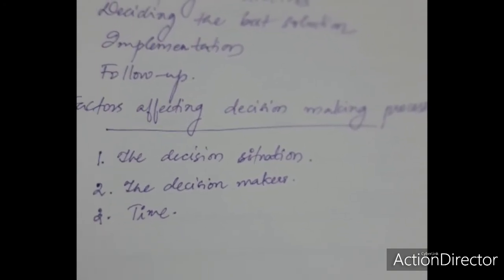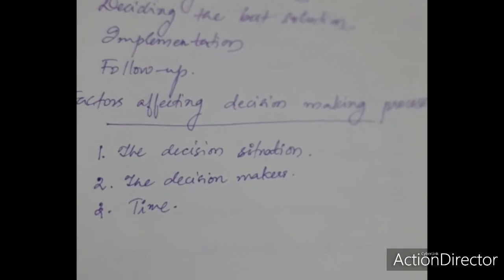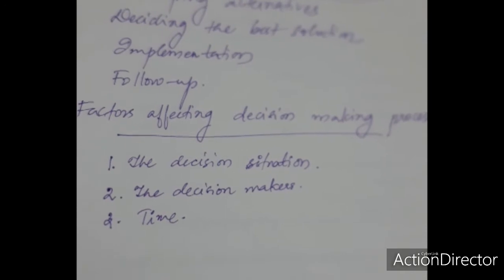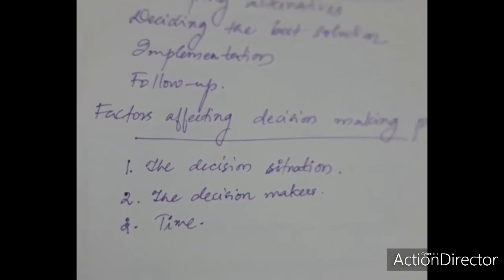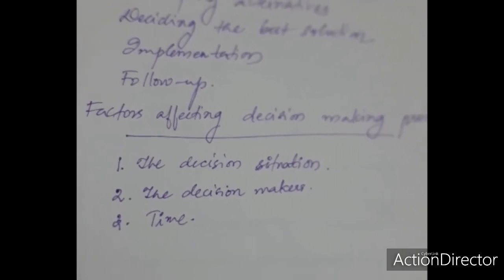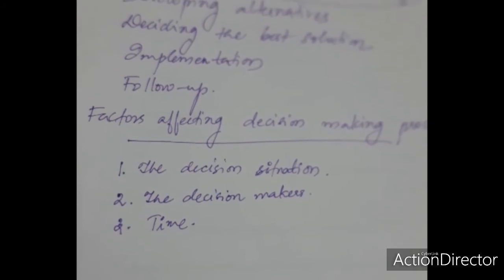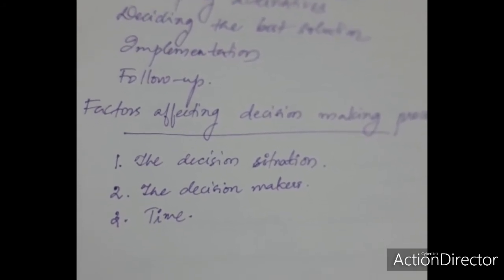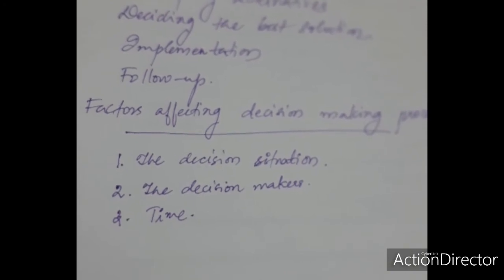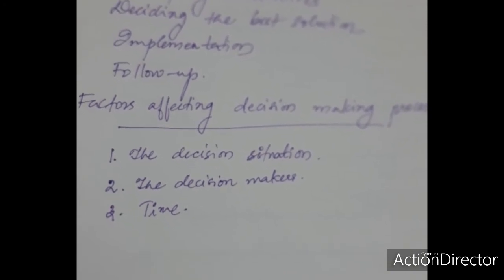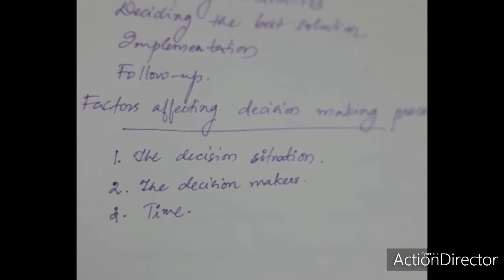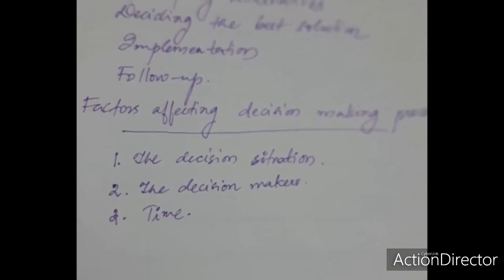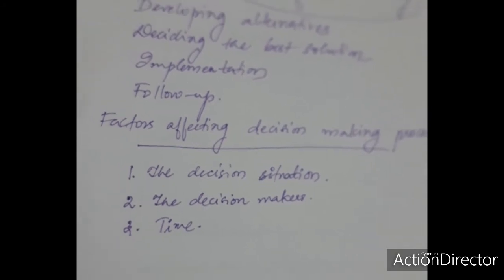The risk factor or the uncertainty factor might happen in a period of time, which we call the time factor. So this decision situation can also change very fast. Depending upon the person who's making the decision and the situation in which this decision is being made, the time factor also changes. So that's the third point.